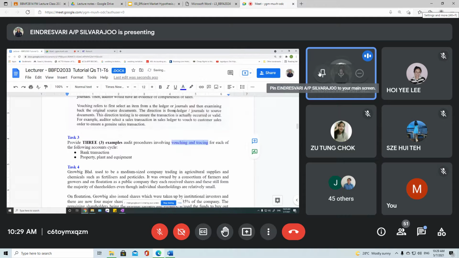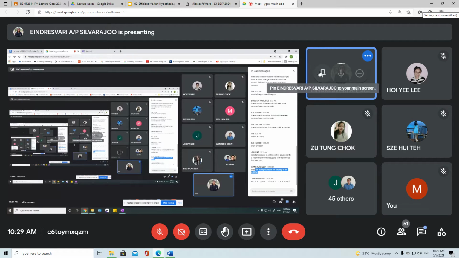So you need to read the question carefully. Three procedures for vouching, three procedures for tracing for each of the following account cycles, relating to bank transaction and PPE. Three procedures for bank transaction vouching, three tracing, three vouching, three tracing. So in total you will have 12. Do you understand?